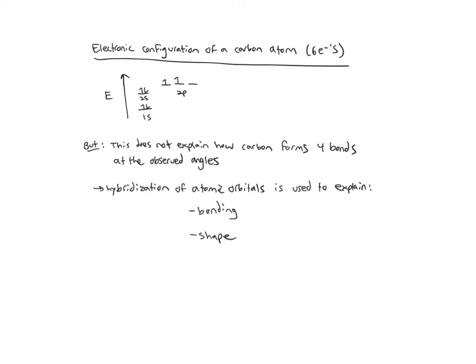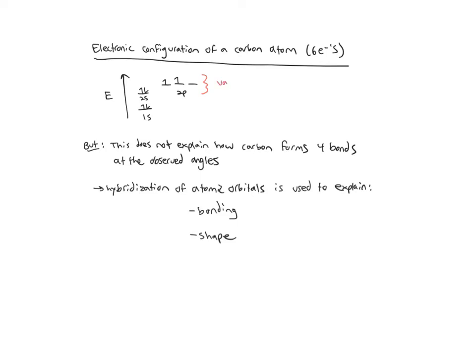The valence electrons are the ones that are going to be important in bonding. So we're going to be talking about this second energy level. We say that carbon has 4 valence electrons, and we've used that for our Lewis structures, for example. These 4 right here are in that second energy level.